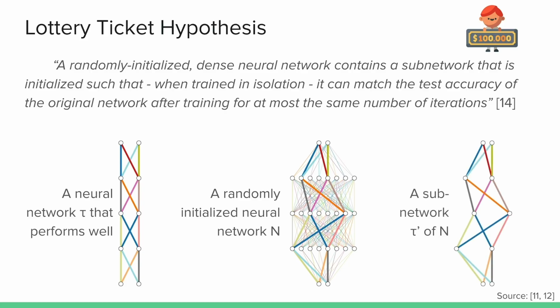So if we can identify those neurons that were initialized so well that the subnetwork performs equally well as the original network, we found the so-called lottery ticket.